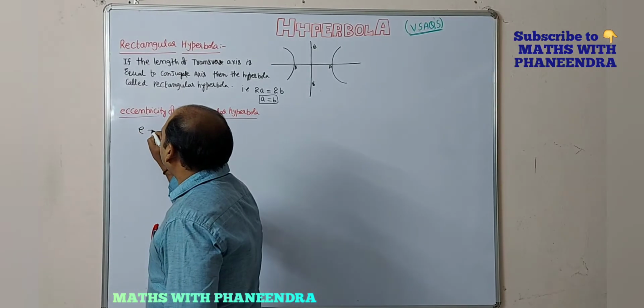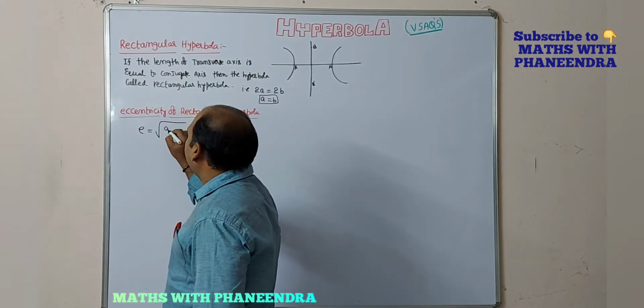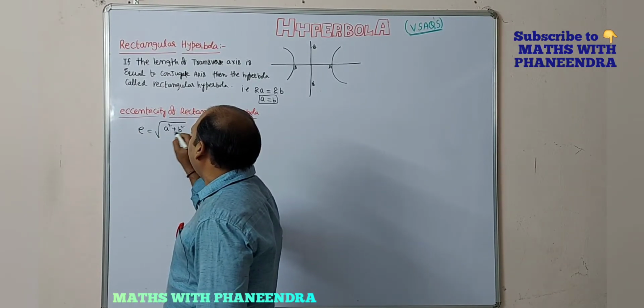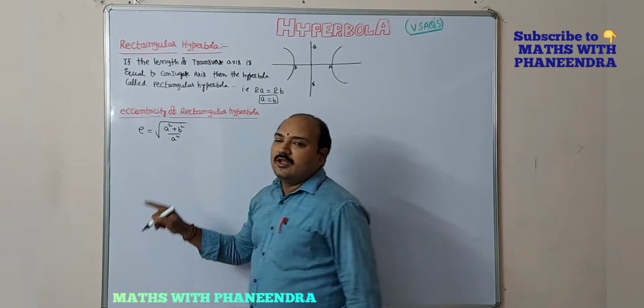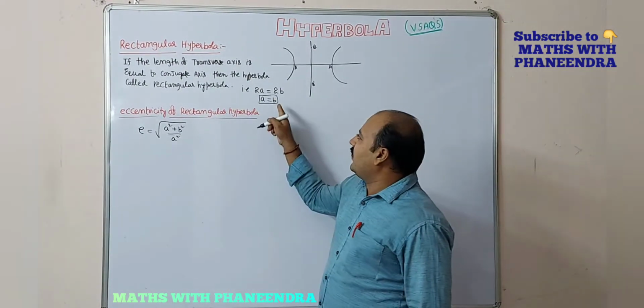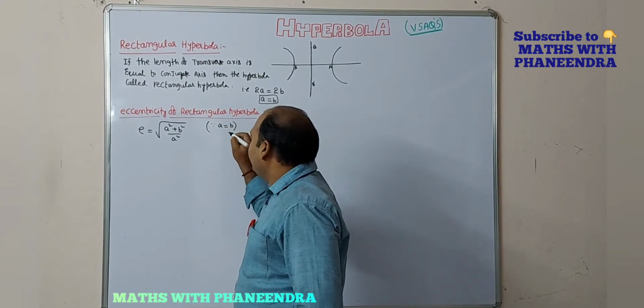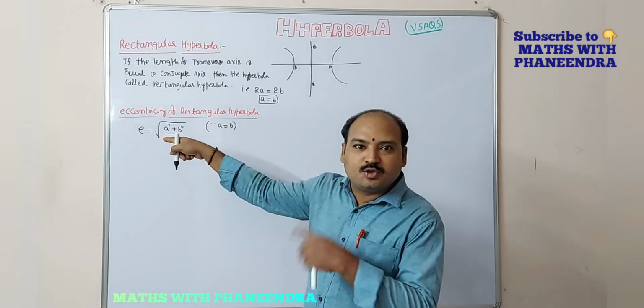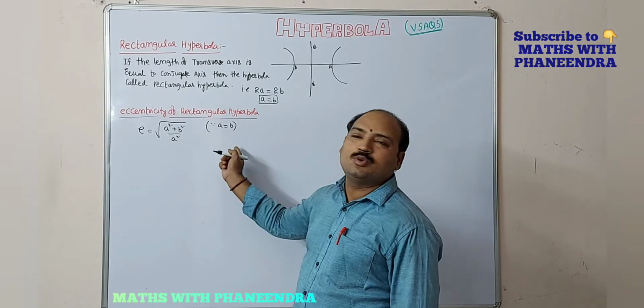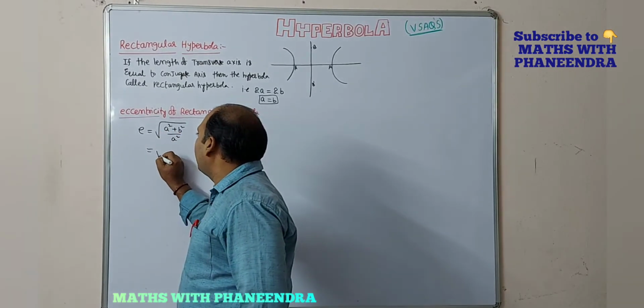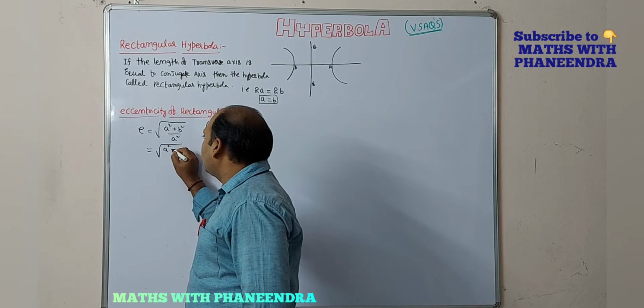e is equal to square root of (a square plus b square) divided by a square. In the case of a rectangular hyperbola, a is equal to b, no? Since a is equal to b, in place of b substitute a. This eccentricity formula becomes a square plus a square by a square, all in terms of a.